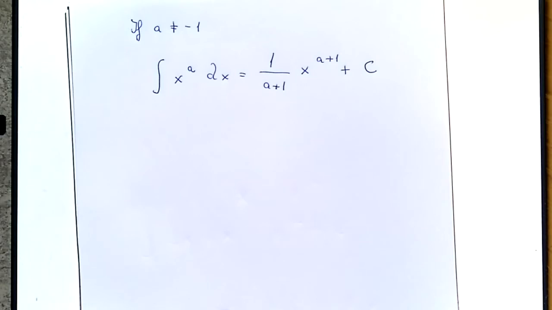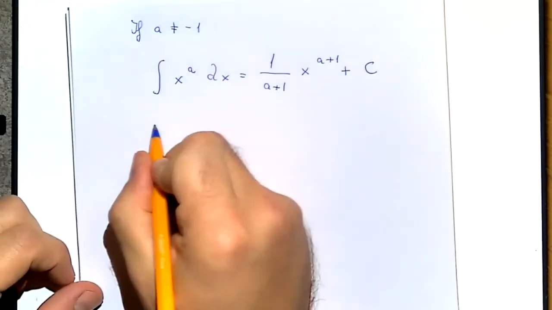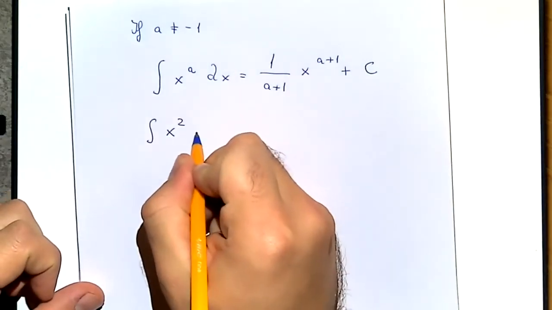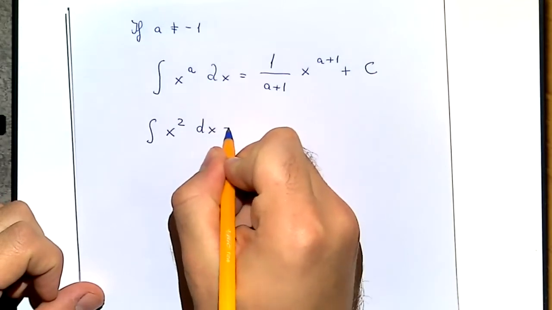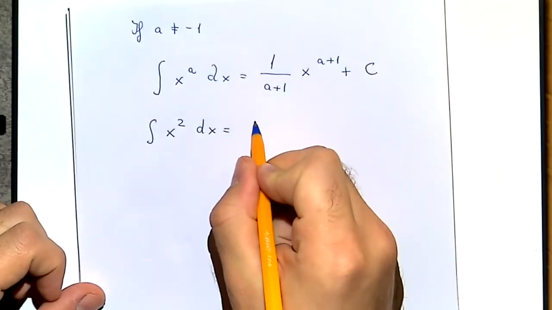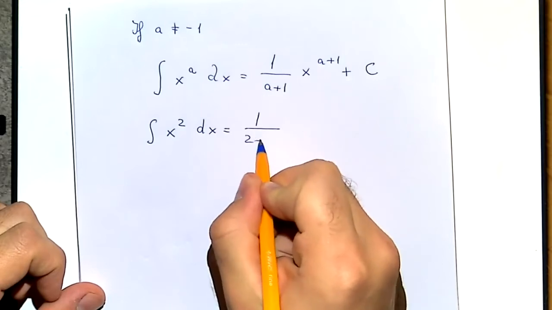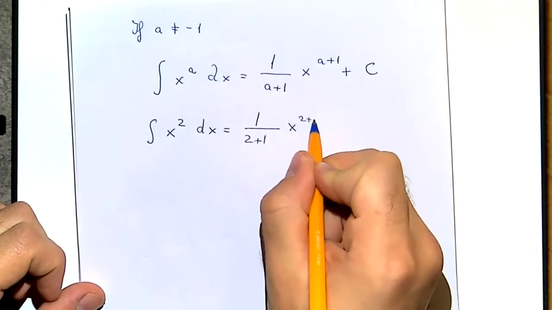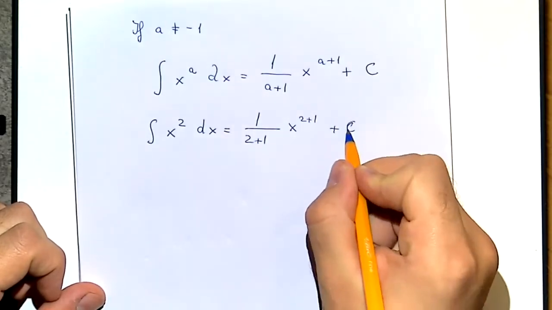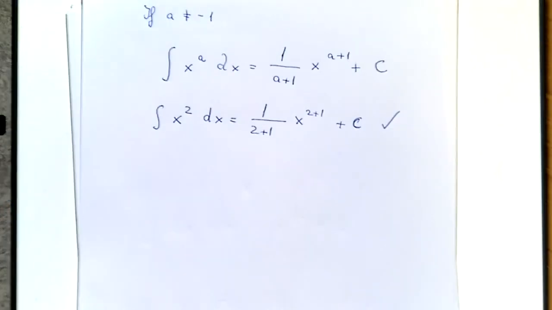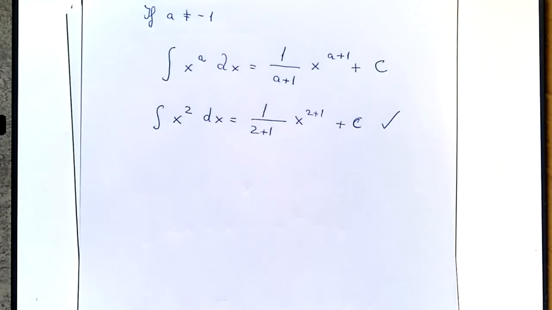Test it out for my case of 2 that I just got. Replace a with 2, and I just get 1/(2+1) x^(2+1) + c. So exactly what I got. And again, if you forget the formula, no worries, it's going to be fine.